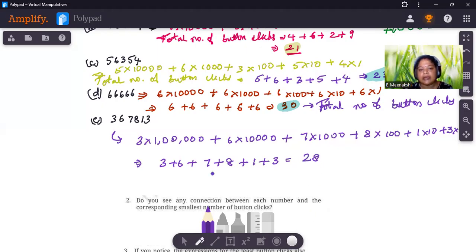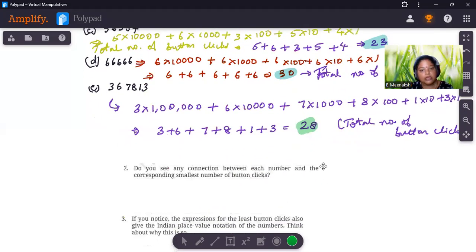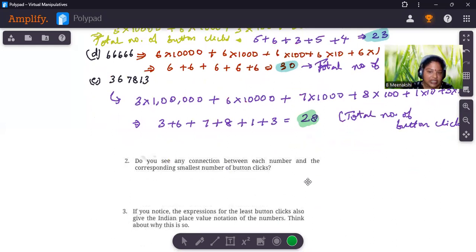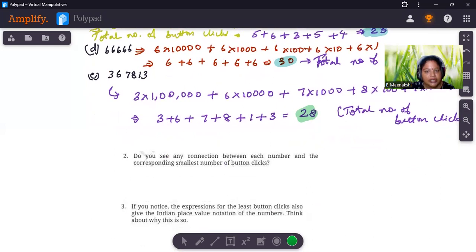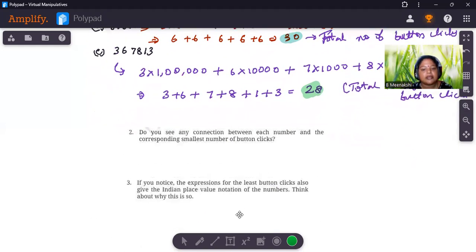So the total number of button clicks is 28. Now, do you see any connection between each number and the corresponding smallest number of button clicks?